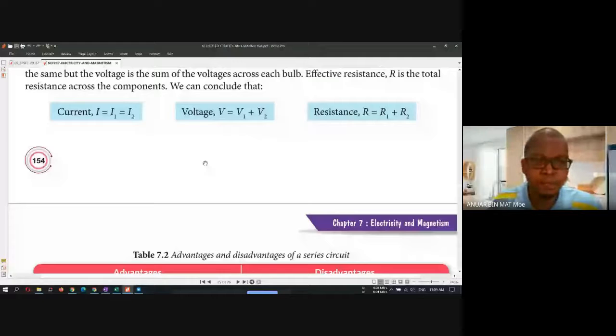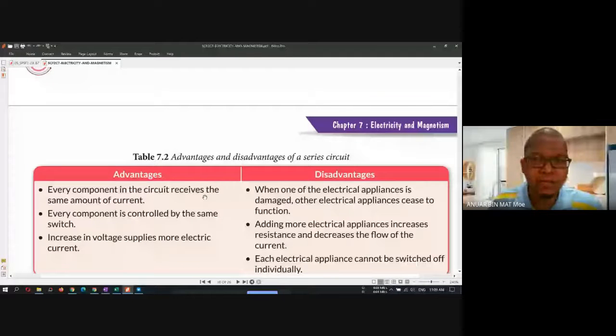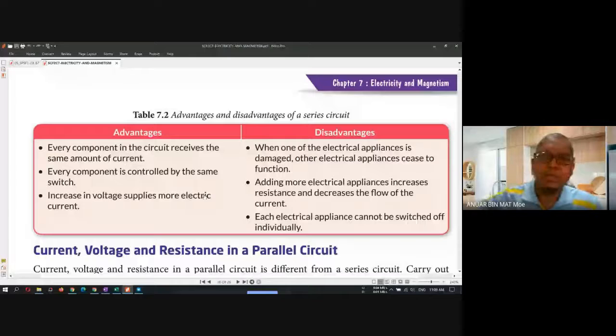So we have the same amount of current in the series circuit. So number two, what is number two? Every component is controlled by the same switch.